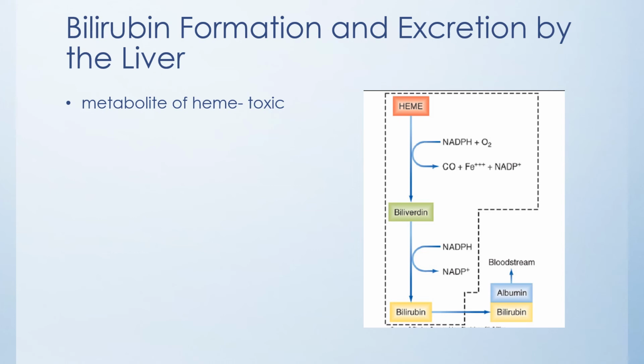So heme is very toxic. These are usually produced from the death of red cells, especially senescent red blood cells. This heme is in the areas of your reticuloendothelial system, which also includes your Kupffer cells in your liver and also the spleen.